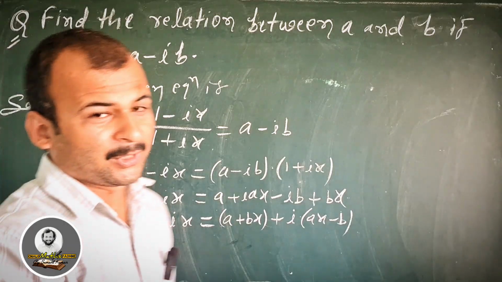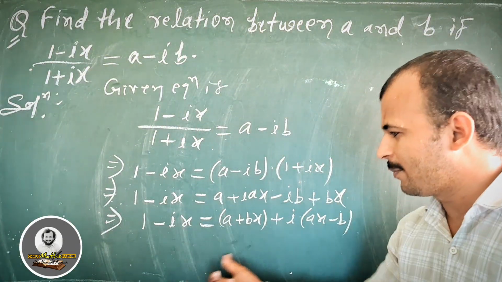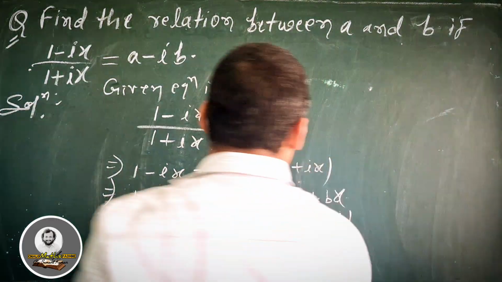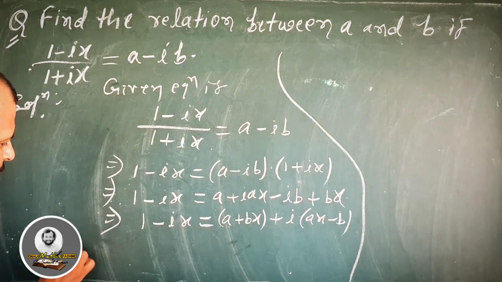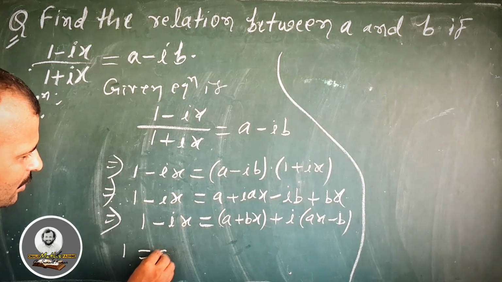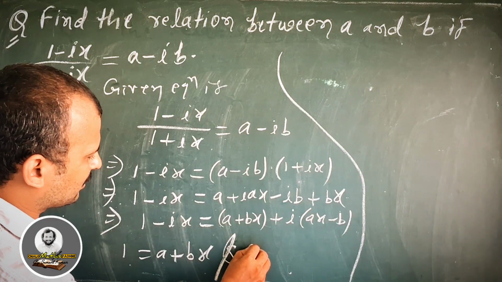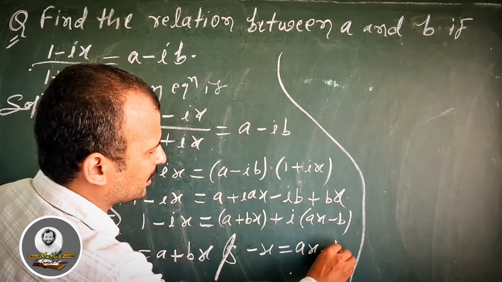Now we know that two complex numbers are equal if their real parts and their imaginary parts are equal. So we compare these terms: 1 equals a plus bx, and minus x equals ax minus b.